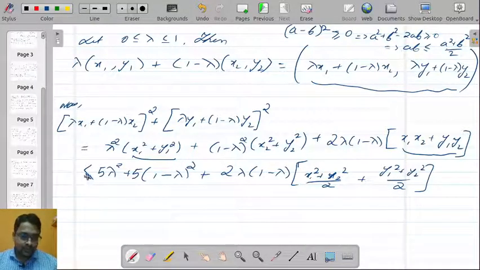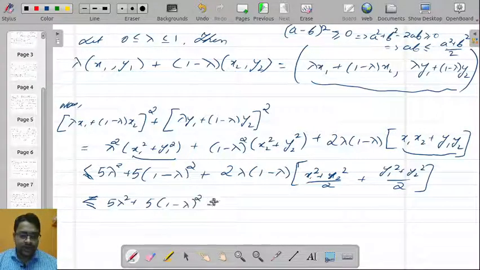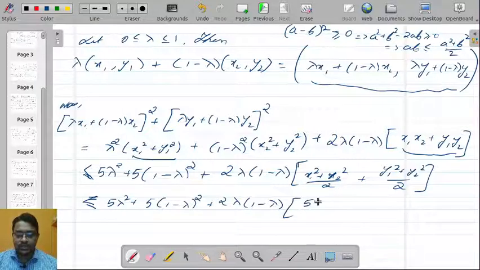So ultimately this quantity, I will write less than or equal to 5 lambda square plus 5 into (1 minus lambda) whole square plus 2 into lambda into (1 minus lambda) into x1 square plus x2 square, I can just rearrange them. So let me write one more step here instead of skipping the steps.